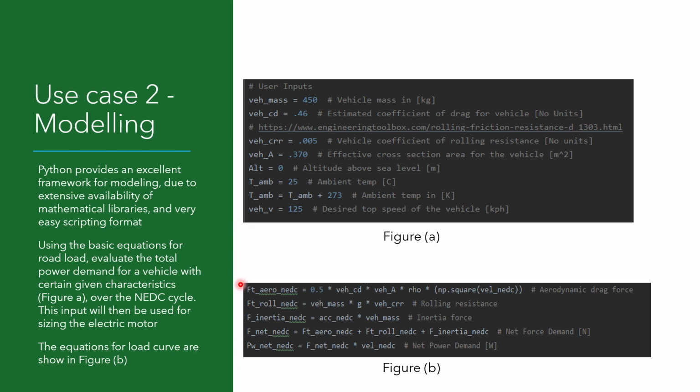Most people are quite familiar with the basic road load equations, where you combine the aerodynamic force, rolling resistance, and inertia force, and then add them up to get the net demand. And then you multiply the force by velocity to get the power demand. And let's do it over the NEDC cycle.